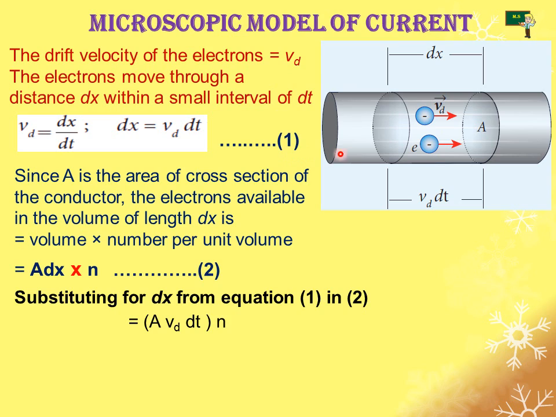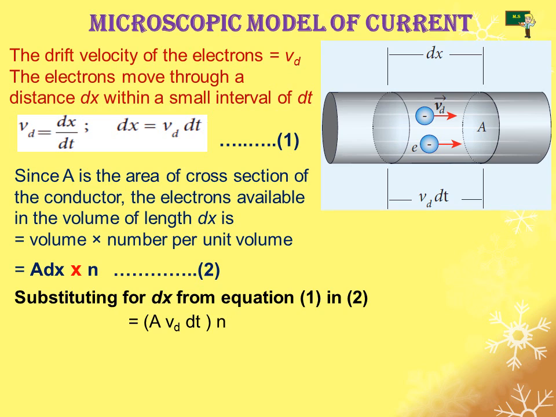Since A is the area of cross section of the conductor, the number of electrons available in the volume of length dx is volume into number per unit volume, that means A dx into n. Here the volume is A dx and the number per unit volume is n. So this is equation number 2.